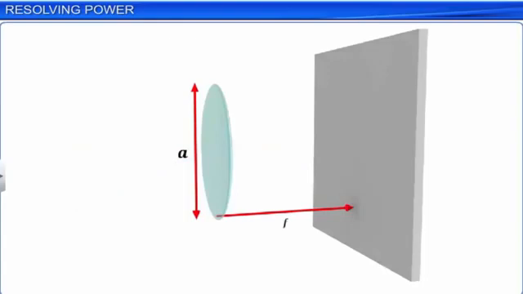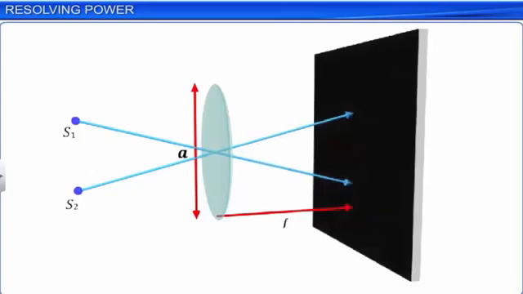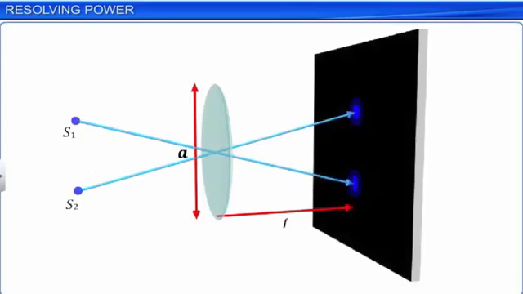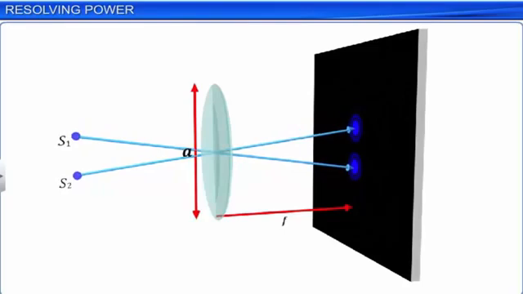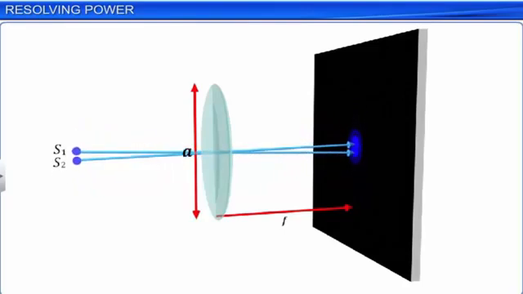Let S1 and S2 be two point sources of light placed before a converging lens. Due to diffraction, the images formed by the lens on the screen placed at the focal plane are two circular disks. If the two sources are closely placed, the disk images overlap each other and appear like a single disk.